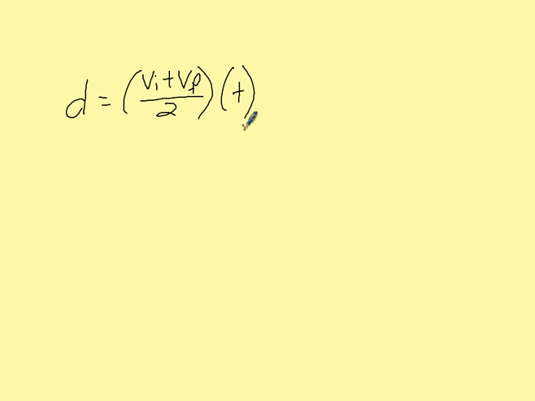So now when we go back in here, we can say that displacement is equal to the initial velocity of an object plus the final velocity of an object divided by 2 times time. Now, at this point what I'd like you to do is turn back in your composition books and look at kinematic equation number 1.